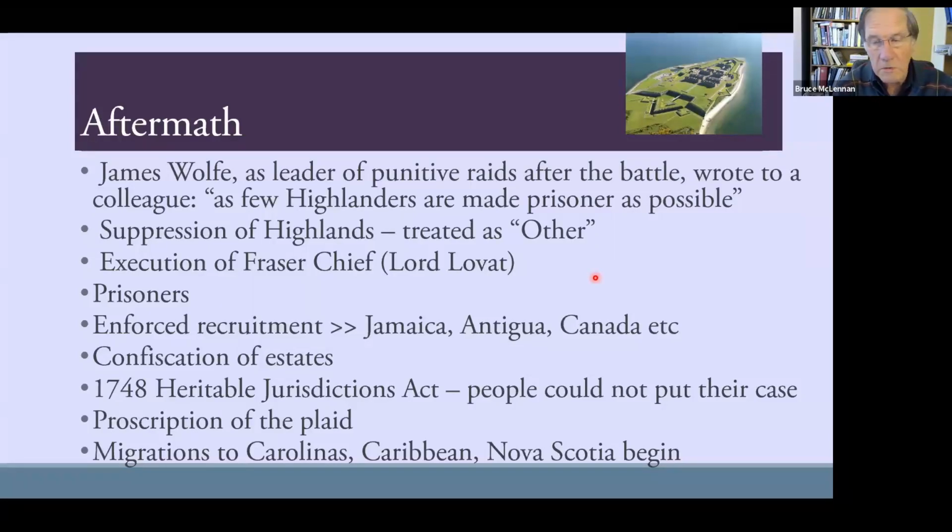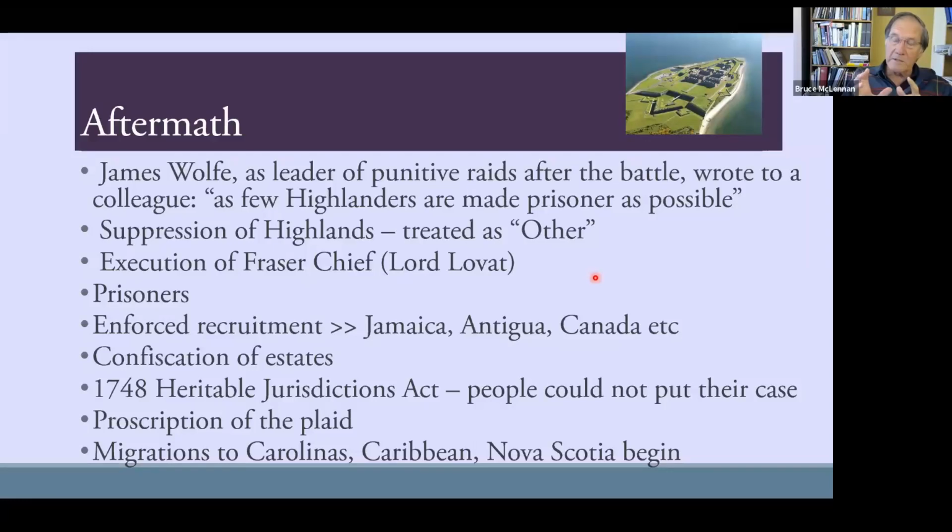So these are all things that people know quite widely, and you've all heard that before. But something I think you might not have heard before is that this act, the Heritable Jurisdictions Act, came in a couple of years later. The point of that was that they were like local, you wouldn't call them courts, but an institution.